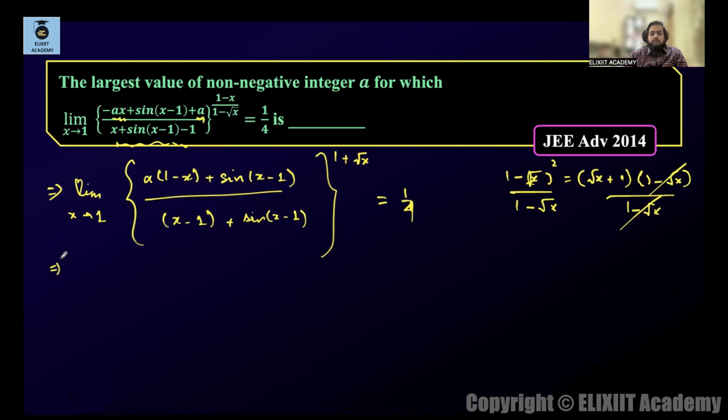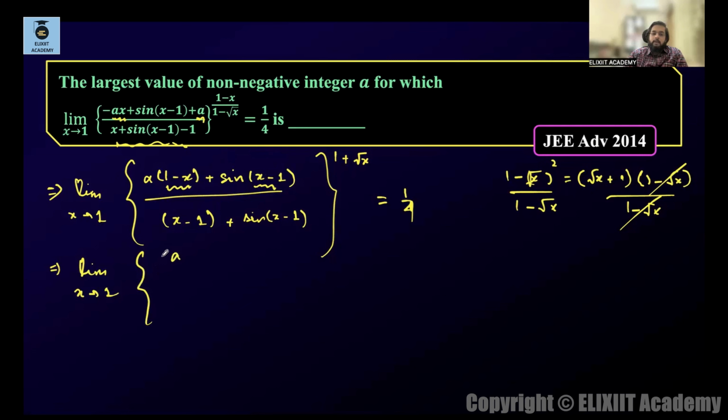So what I do, so from here we have limit x tends to 1. Now you see from here, as you put the value of x to be 1, this will become 0, this will also become 0. So the best thing what I can think of is here we can bring into some standard formats like the sine x minus 1. So we can divide by x minus 1. So that sine x minus 1 divided by x minus 1, that will tend to 1 when you put the limit x tends to 1. What I'm trying to say is this, that if you divide by x minus 1, so this will become what?